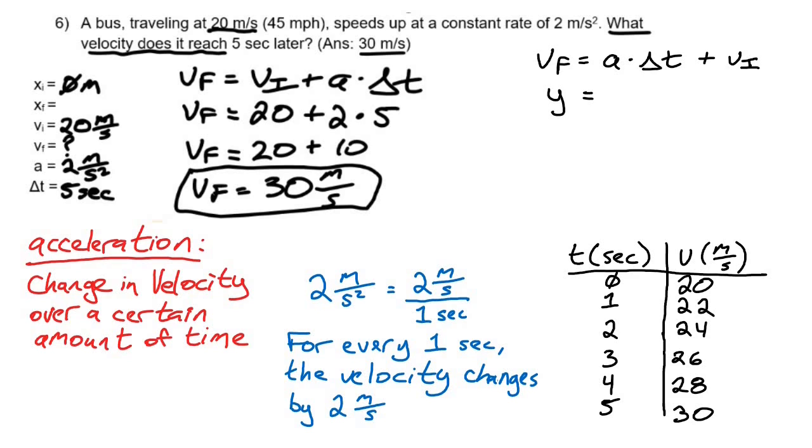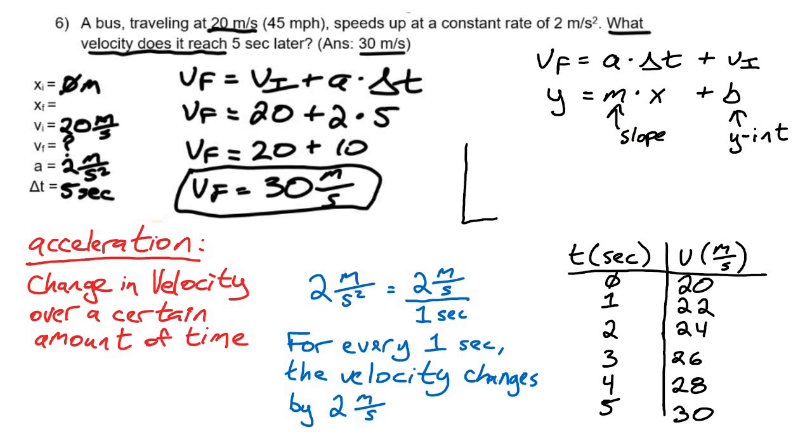Have you ever seen this equation before? This is the slope-intercept formula, where the m represents the slope and the b represents the y-intercept. And I'm sure by now that you've actually seen this formula before.